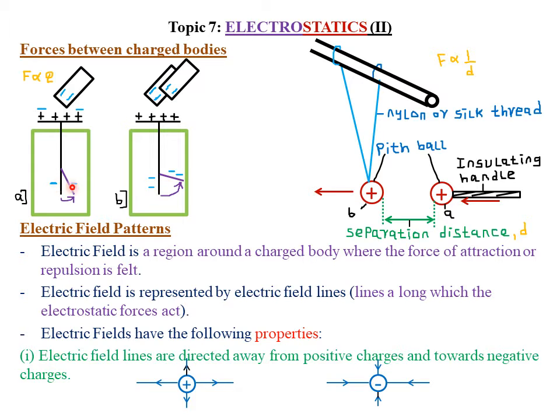Because the metal rod and the leaf now have like charges, and from the law of charges like charges always repel each other, we shall expect to see a divergence in the leaf. The leaf is going to diverge because the metal rod and the leaf are negatively charged, therefore they are repelling each other.